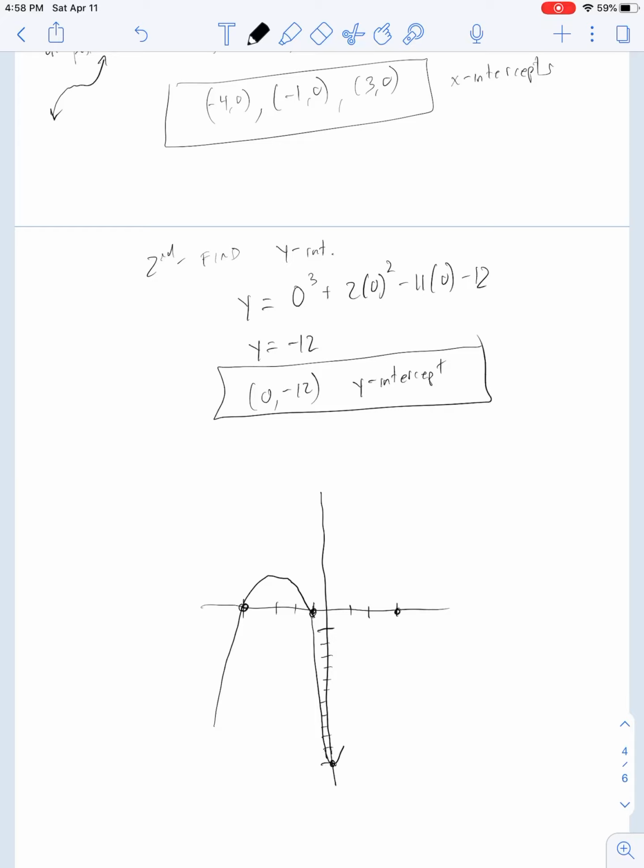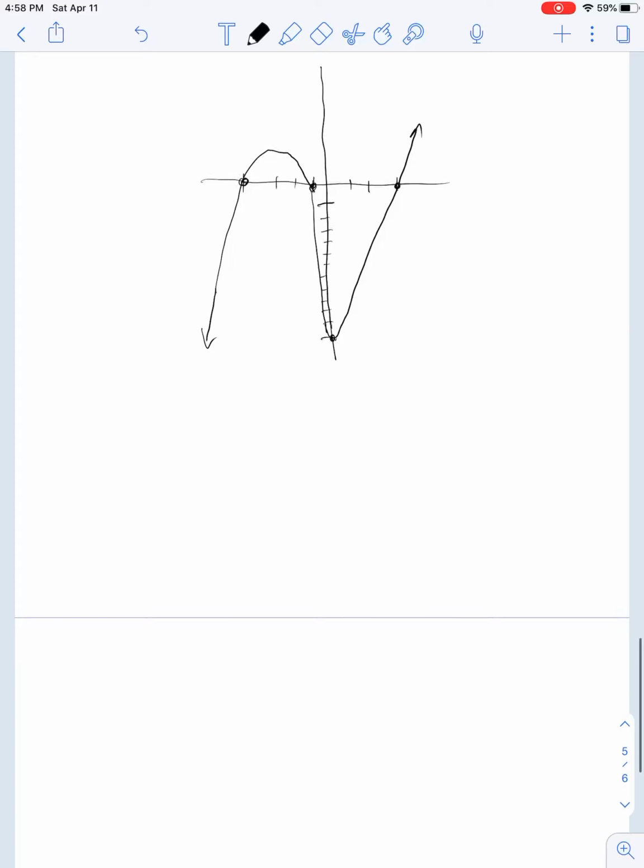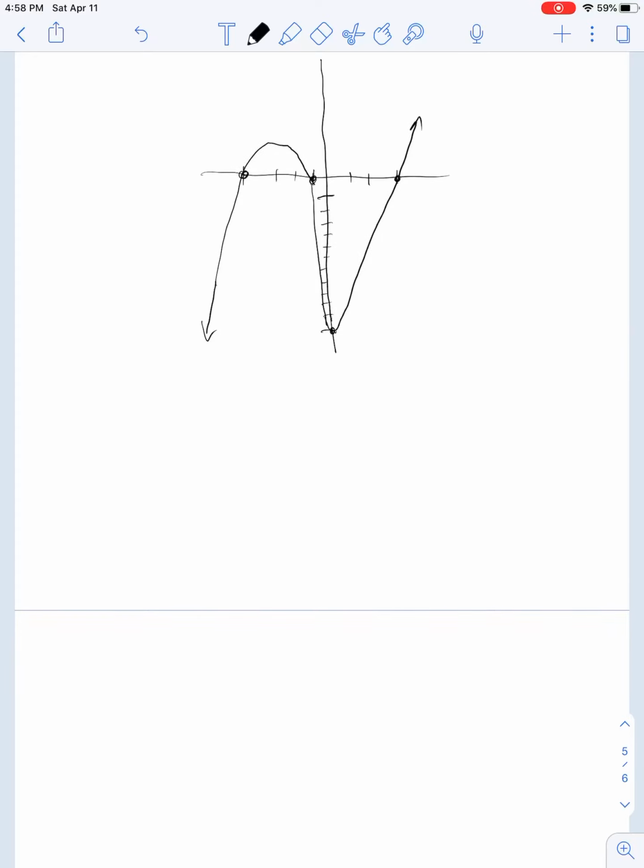So it's going to come down, hit this point, and then go up. So a very nice graph, and these are things that we will be discussing throughout our chapter. So let's talk about how we can start determining these things.